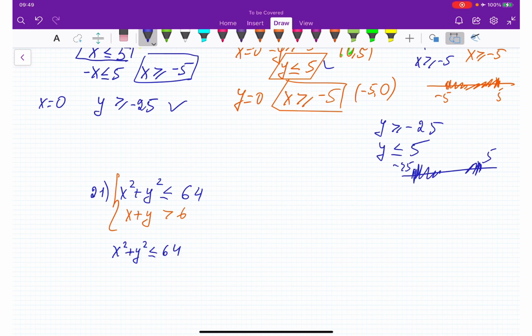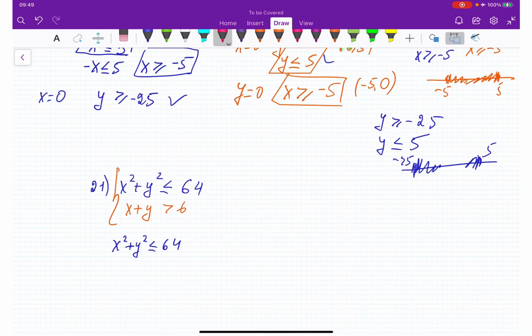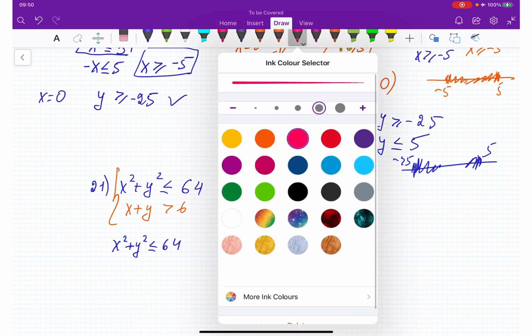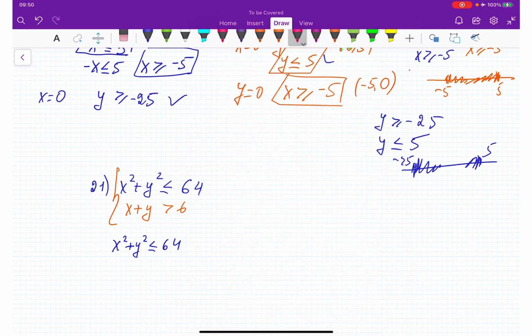The formula for a circle is, let me take a thick one, x minus h squared plus y minus k squared is equal to radius squared.